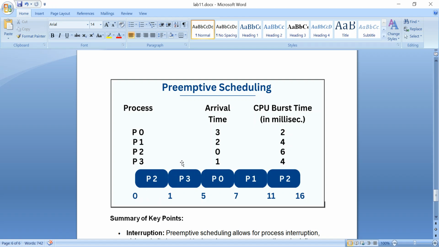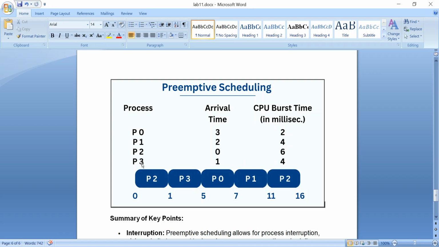Then P3 comes. P3 arrives at 1 second, and it takes 4 seconds to complete. So we do not complete P2. If we complete P2 with non-preemptive, it will take 6 seconds, and after 6 seconds P3 would come.